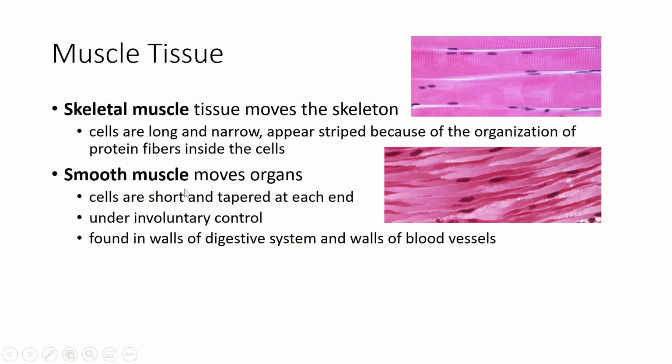Next up, there is smooth muscle tissue, and this is found in the walls of blood vessels and in the walls of your digestive system. This is not muscle that you can control voluntarily. Your brain is taking care of this, or the nervous system within your digestive system. Yes, it has its own nervous system, independent of your brain.